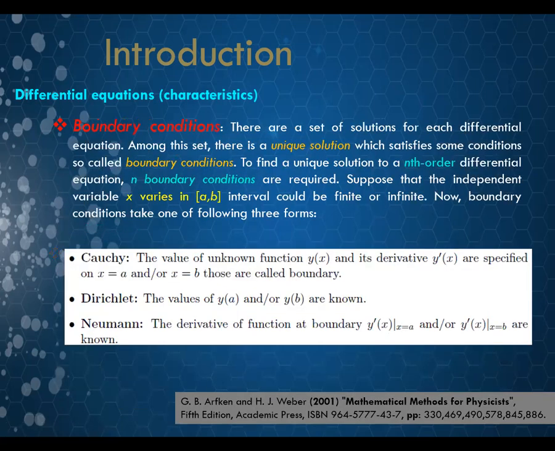Okay, and the last characteristic I want to mention is the boundary condition, which specifies that the unique solution of the differential equation satisfies this condition about the boundary of the interval on which the independent variable is defined. There are at least three famous forms of boundary conditions for the differential equation: Cauchy, Dirichlet, and Neumann.